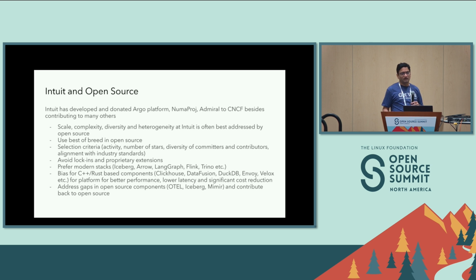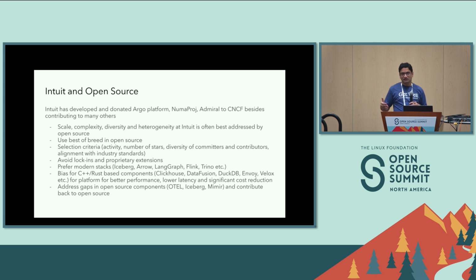So when we look at open source, what's the thinking? The reason we look at open source and not commercial vendors is that our scale, complexity, diversity and heterogeneity are so complex that typically most vendors don't suffice. When we sign up with vendors, you get all kinds of commitments, but quite often they don't meet your needs.